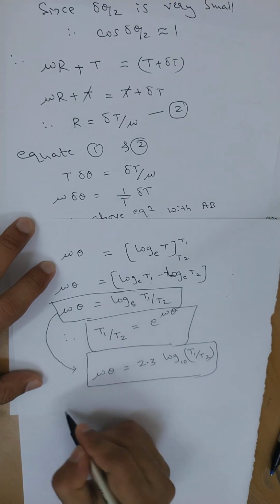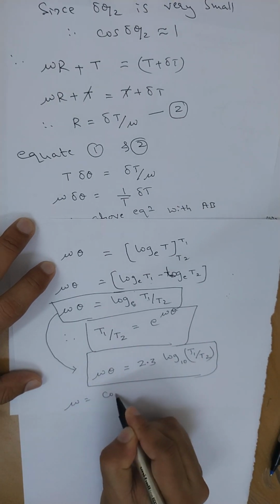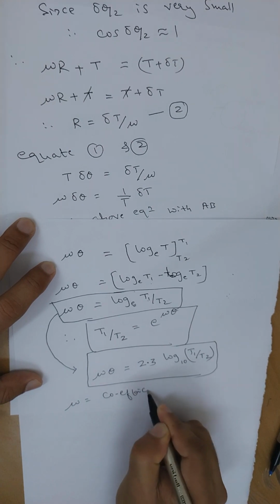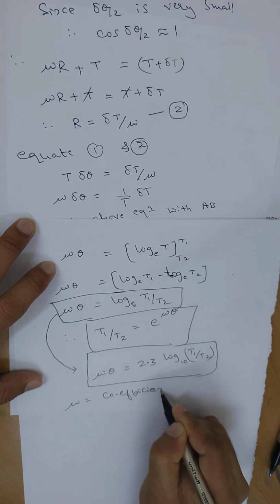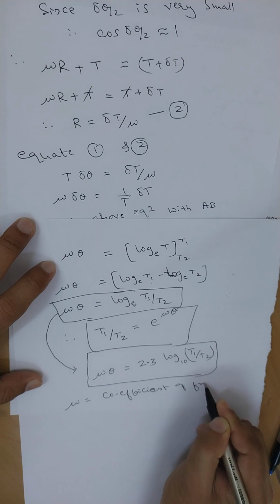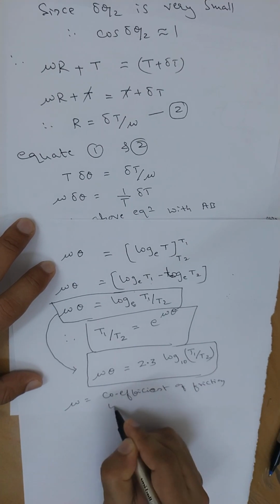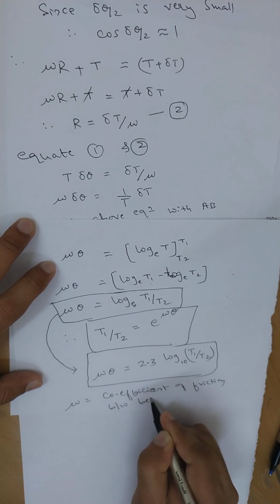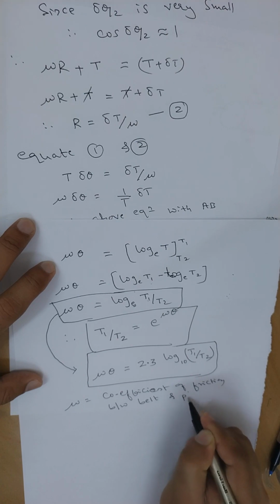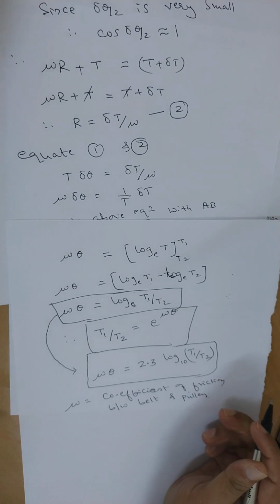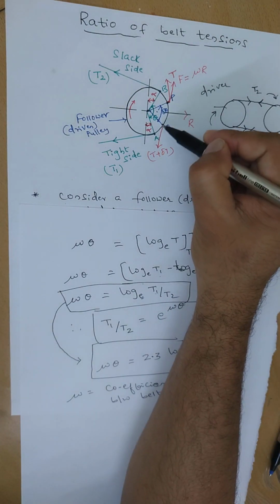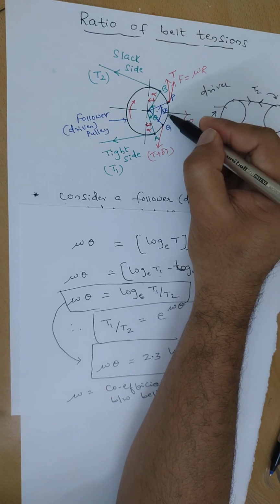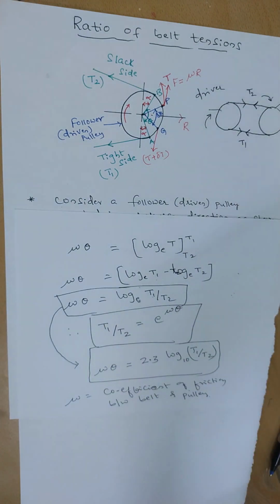What is mu? Mu is the coefficient of friction between belt and pulley, right? Whatever we are getting between belt and pulley, the coefficient of friction is mu.